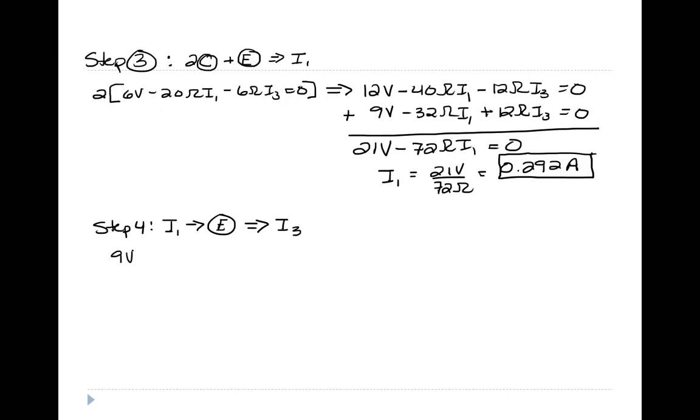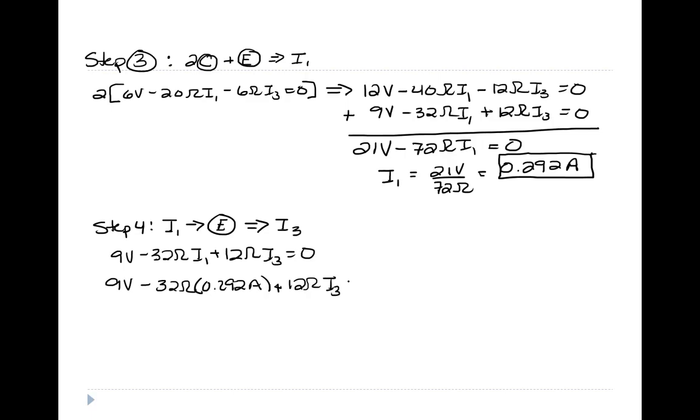So 9 volts minus 32 ohms I1 plus 12 ohms I3 equals 0. So 9 volts minus 32 ohms times 0.292 amps plus 12 ohms I3 equals 0. 9 volts minus 32 times 0.292 works out to be a negative 0.33.